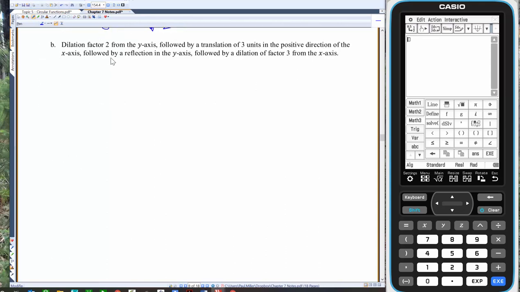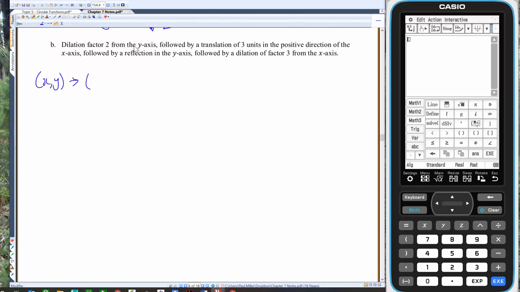So now we've got a dilation factor 2 from the y-axis, followed by a translation of 3 units in the positive direction of the x-axis, followed by a reflection in the y-axis, followed by, there's bucket loads going on. Again, if you can think that through and write the function after all of those things, that's fantastic, but I've got no chance.